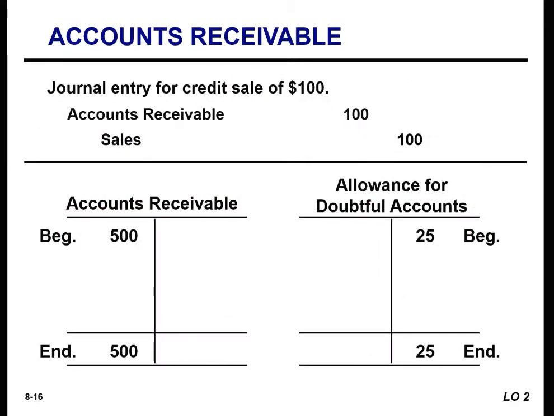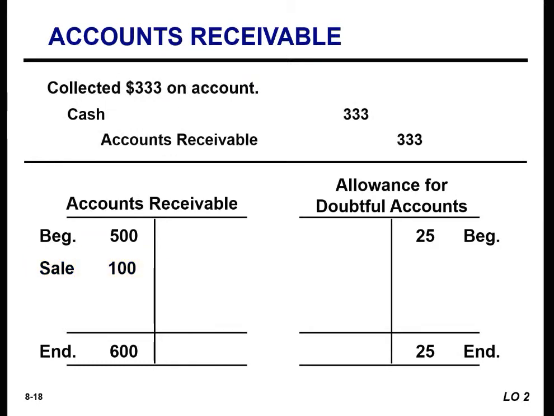So using T accounts, we'll look at the accounts receivable side of a journal entry for a credit sale of $100. And then continuing to use T accounts, let's look at a collection of $333.